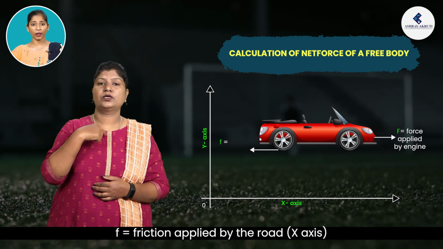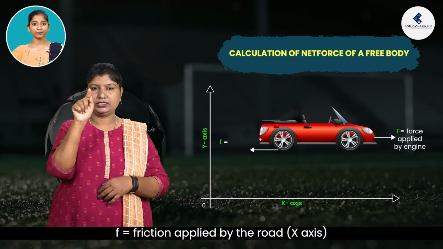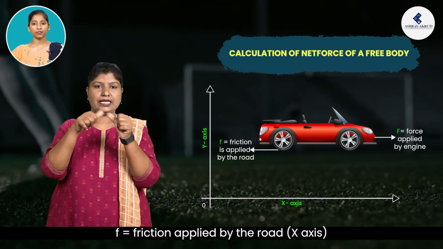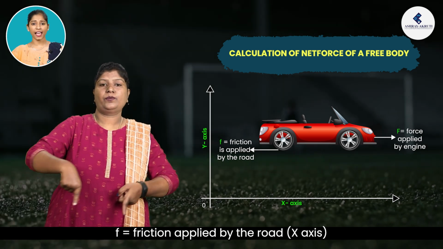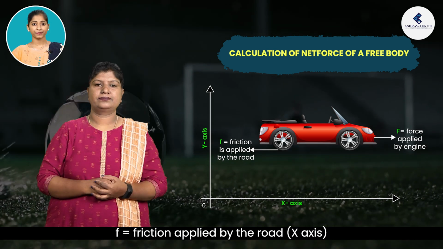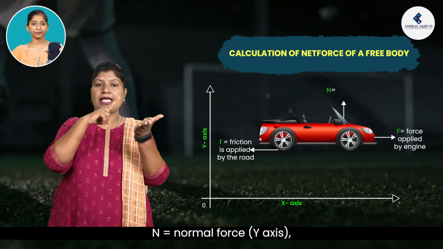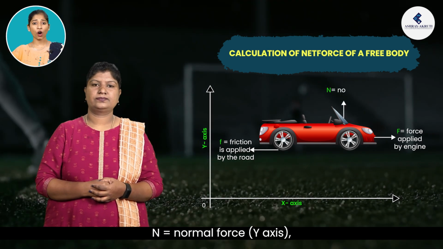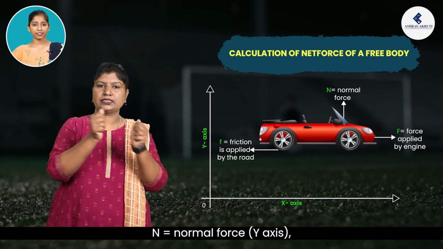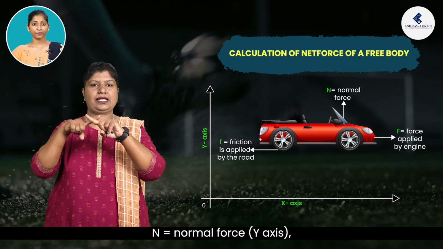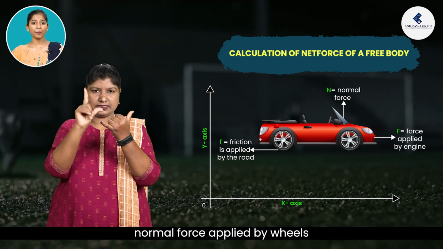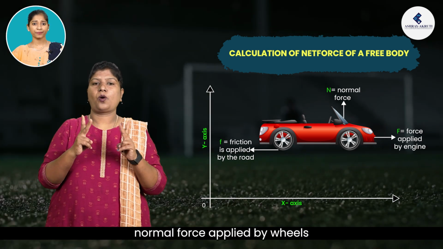Small f is equal to friction applied by the road along the x-axis. N is equal to normal force along the y-axis, the resultant normal force applied by wheels.